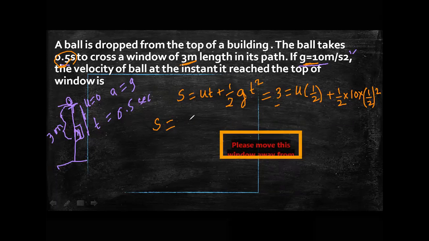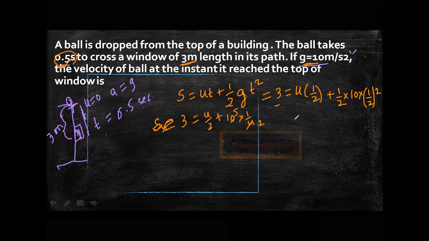So now, 3 is equal to u by 2 plus 10 into 1 by 4, 1 by 2 square. 2 2s are 4, 2 5s are 10. So 5 by 2. So I have to find u by 2, which is equal to 3 minus 5 by 2.